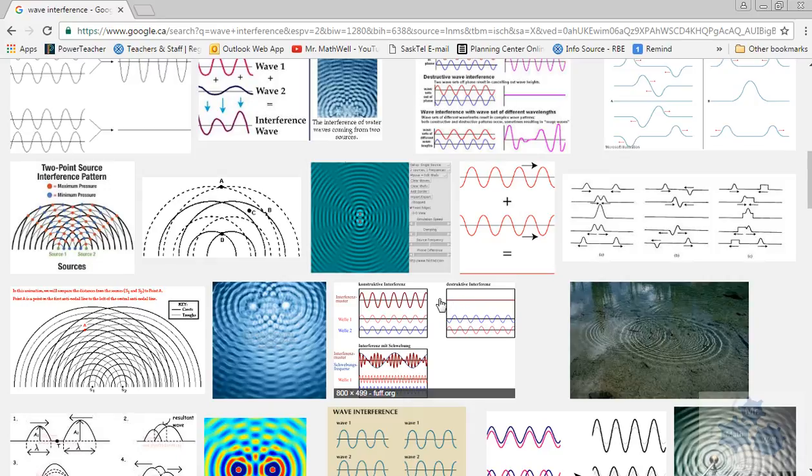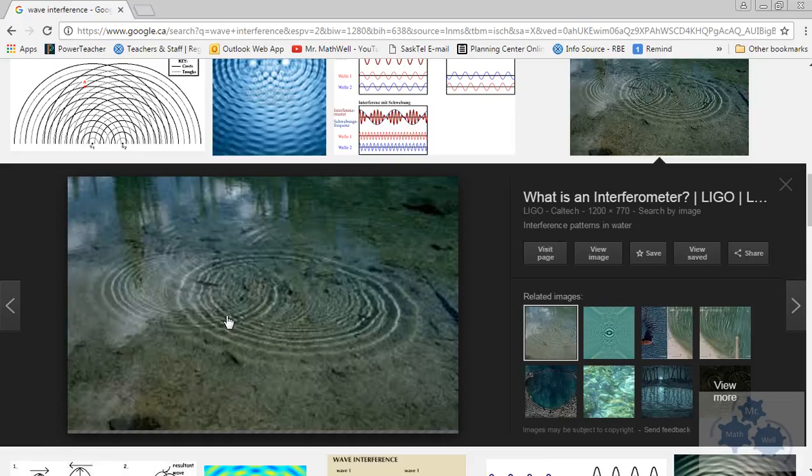If we look at some diagrams of wave interference, here's a picture of two objects that would have been dropped into water. You can imagine, if this was a video, those waves emanating out and interfering as they collide with one another.